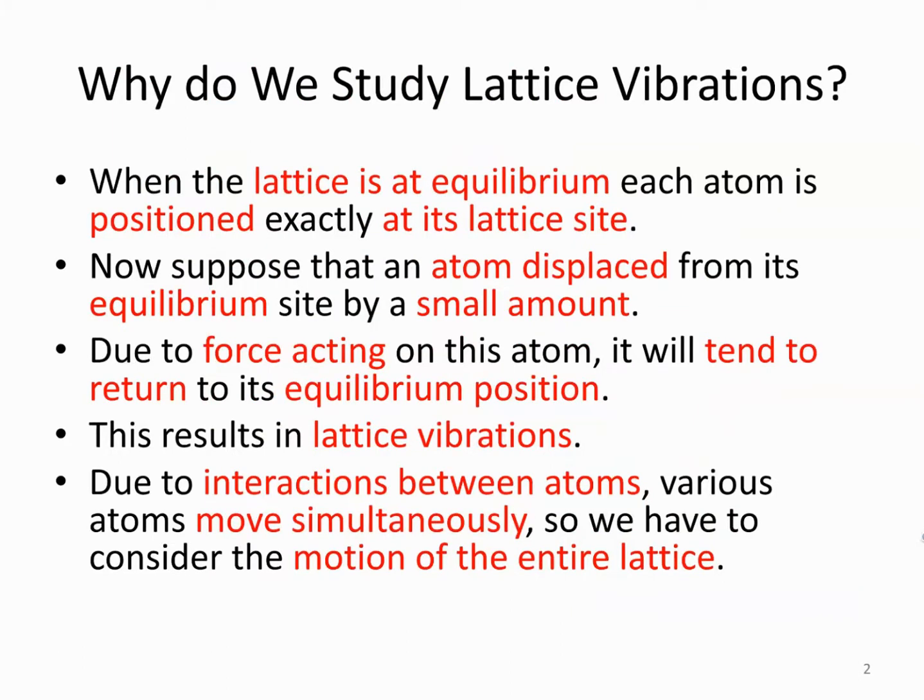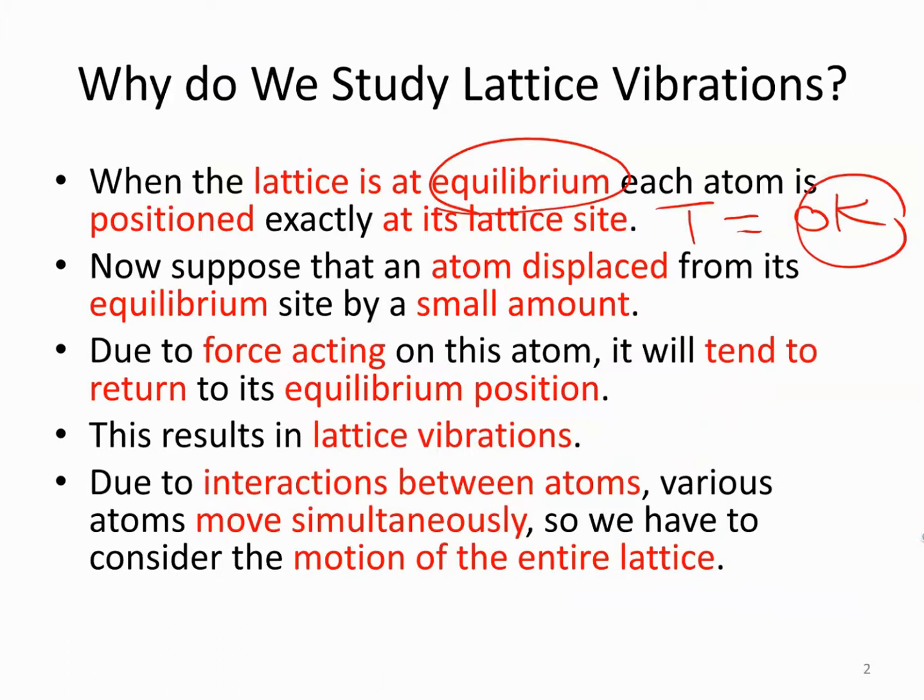Okay, so this is a synopsis for this chapter. The first question that may come to your mind is, why do we study lattice vibration, or in other words, the phonon? When the lattice is at equilibrium, each atom is positioned ideally at its lattice site. So there's no vibration, there's no movement of the atom, and this only happens when the temperature equals 0 Kelvin.